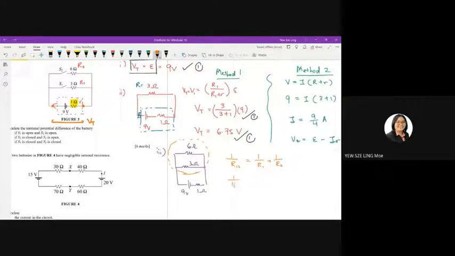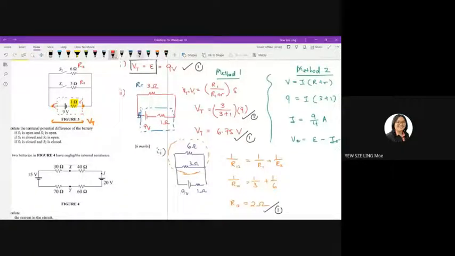So 1 over R12 is equal to 1 over 3 plus 1 over 6. If you got it right, your R12 should be equal to 2 ohm. If you got this method correct, then you get 1 mark, if you know how to simplify the circuit.